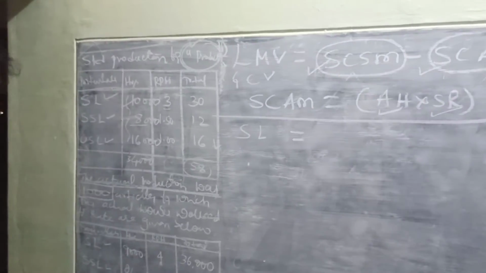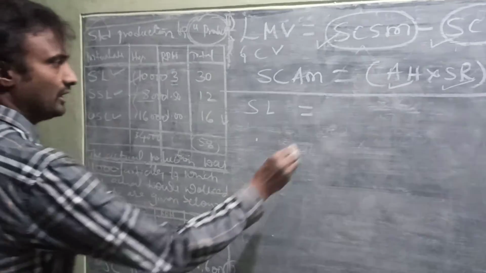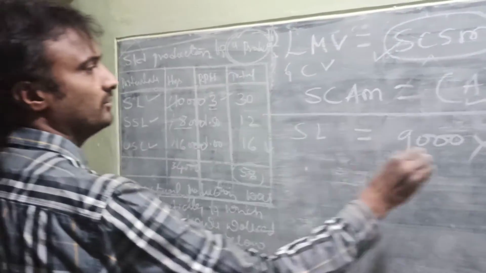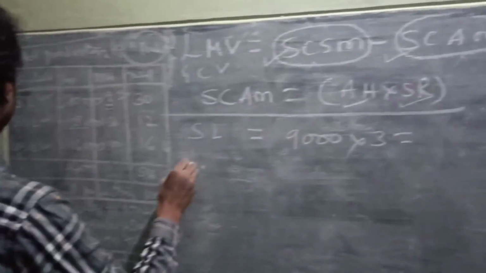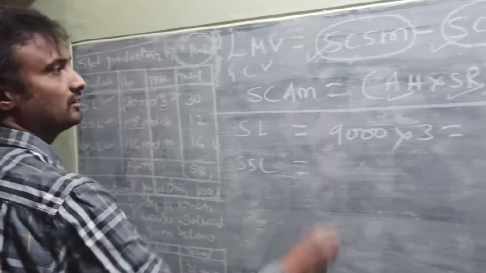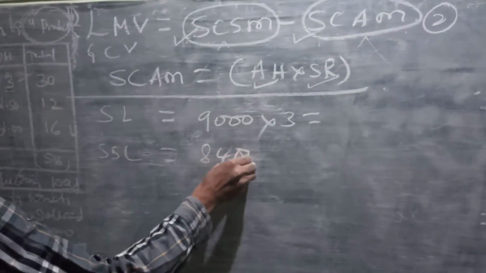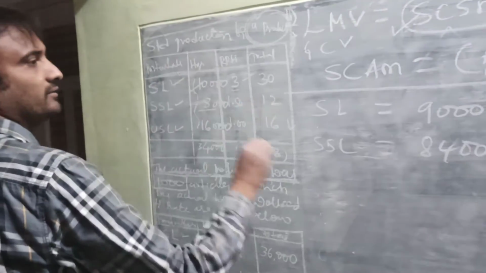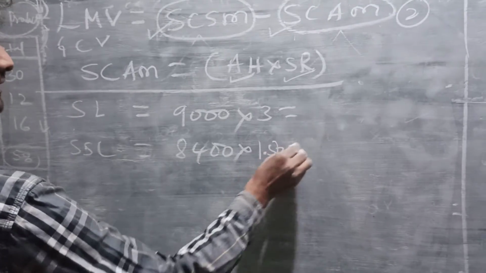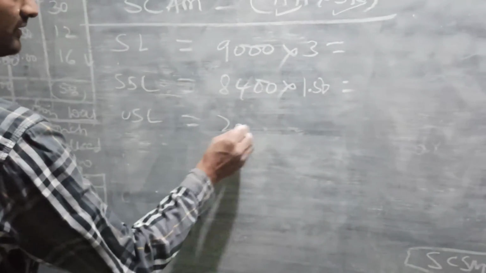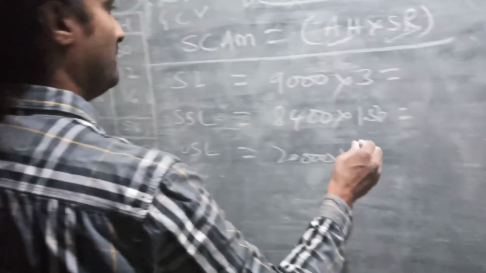For skilled laborer, actual hours he has taken is 9,000 hours into the standard rate of 3 rupees. Next, for semi skilled laborer, the actual hours he has taken is 8,400 hours into the standard rate of 1 rupee 50 paisa. Next one is unskilled laborer. The actual hours he has taken is 20,000 hours multiplied by standard rate of 1 rupee.